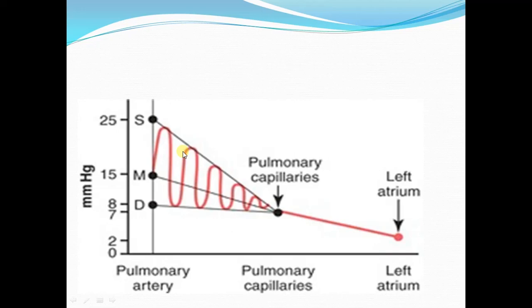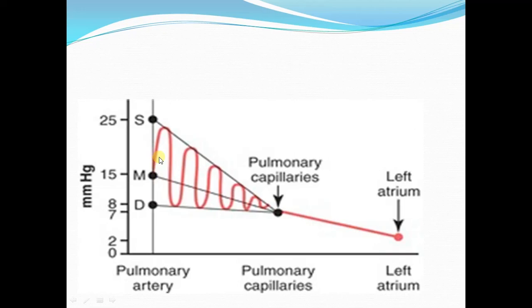Now this diagram shows us again the pressures at different levels of the pulmonary circulation. Pulmonary arterial pressure: the systolic pressure is 25 millimeter of mercury, the diastolic pressure is 8 millimeter of mercury, and the mean arterial pressure is 15 millimeter of mercury.